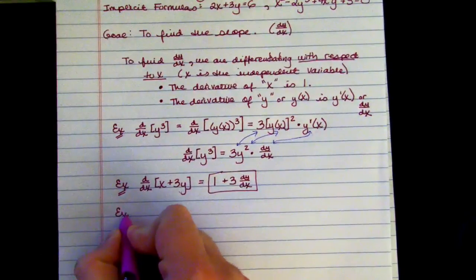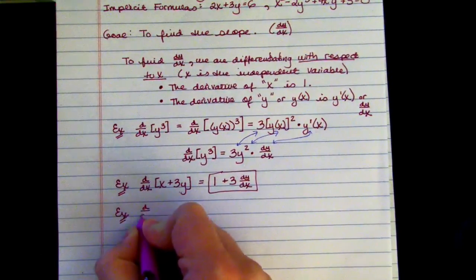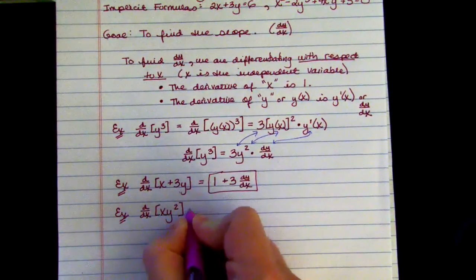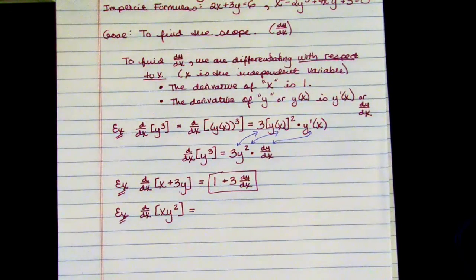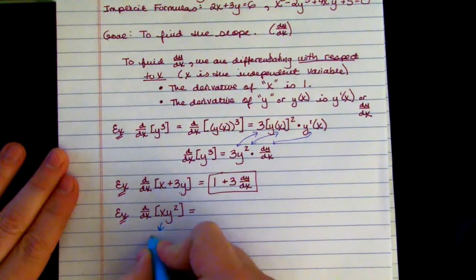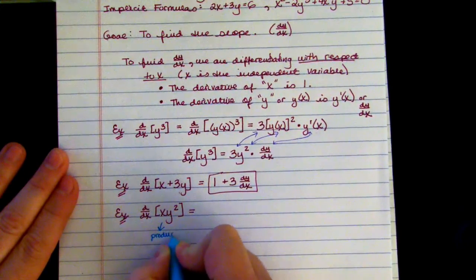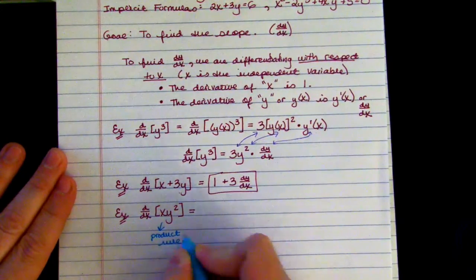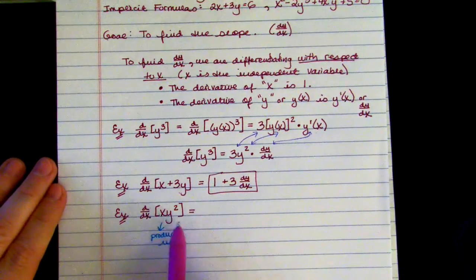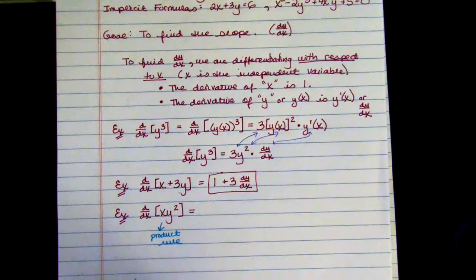One more like this. Let's take a look at the derivative of x times y squared. I hope when you look at this problem, the product rule jumps out at you, because I see a product there. X times y squared, that looks like product rule. So I'm going to do my first times derivative of the second plus second times derivative of the first. Remembering when I do the derivative of x, it's just 1.